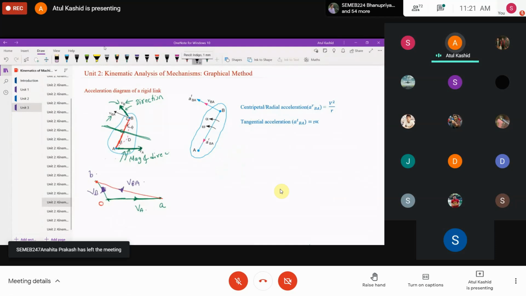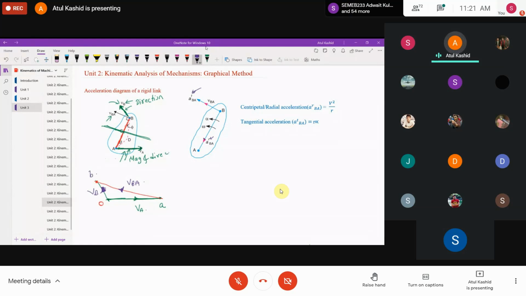So now we will target this rigid body, or rigid link I can say, AB. Here the directions for the accelerations are already shown. For example, this is a_BA, the radial component, and we have the tangential component over here. The directions we already know.